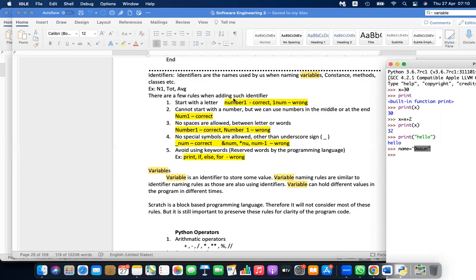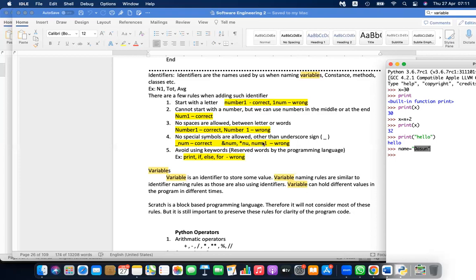Can be capital or simple, that doesn't matter. And no spaces in the middle. You cannot put spaces in the middle. Here number1 is correct as there are no spaces, but number space 1 is wrong as there's a space. You can start with underscore, in the middle also you can use underscore, at the end also you can use underscore, but not other symbols.